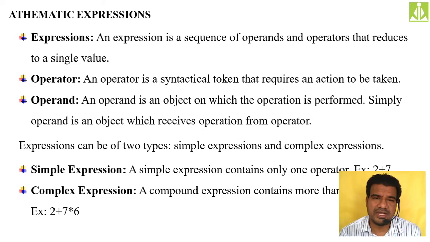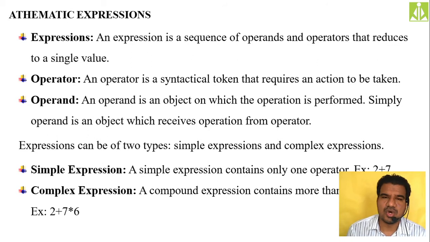What is an operator, what is an operand, what is a simple expression, what is a complex expression, all these things we discussed in our previous lecture. An operand is that on which the operator will perform its operation. An operator is a syntactical token, a special symbol in your program which has some specific operation to be performed.